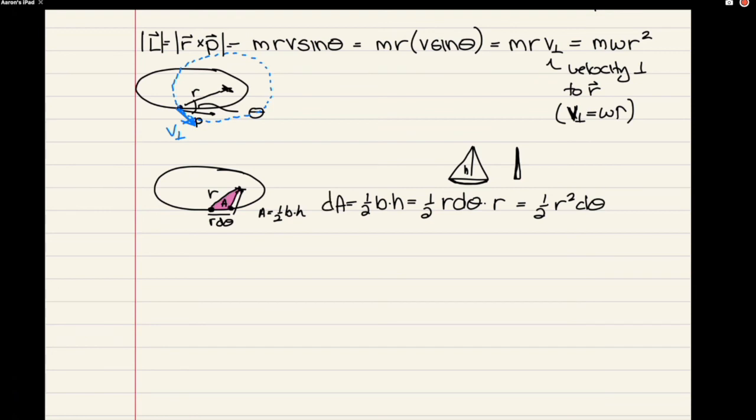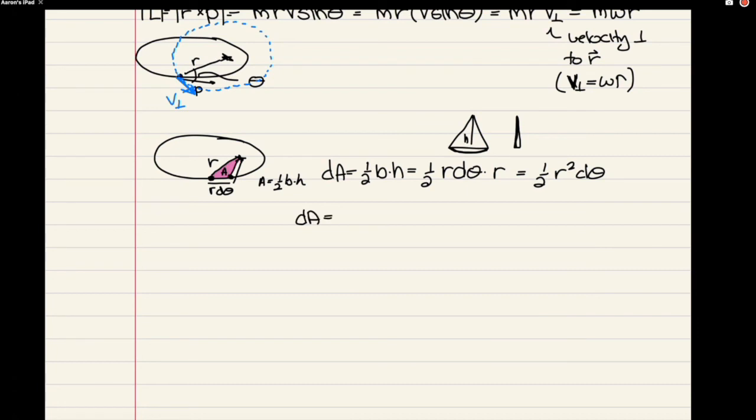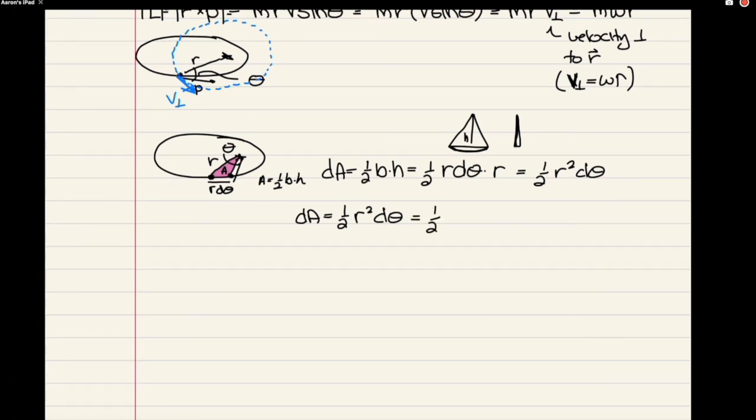So to keep this in calculus language, this very small amount of area, which I might say is dA, this little piece of area that's been swept out between 0 and 1 picosecond, is 1/2 r squared d theta, for some angle theta that it has moved around the star. d theta is just omega dt.